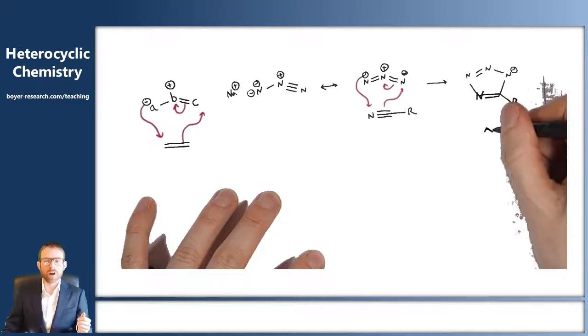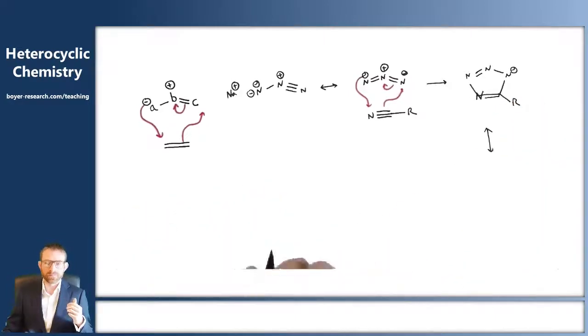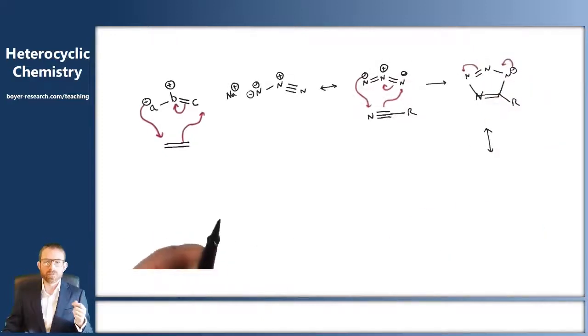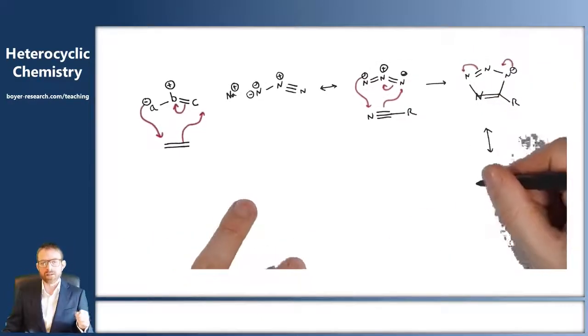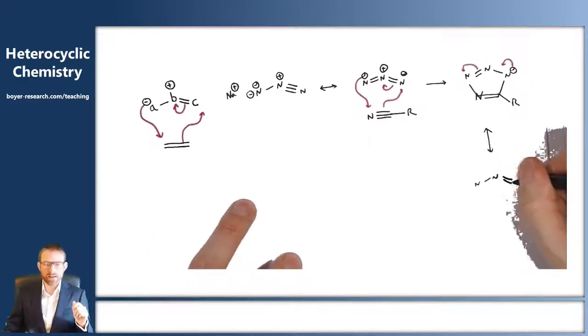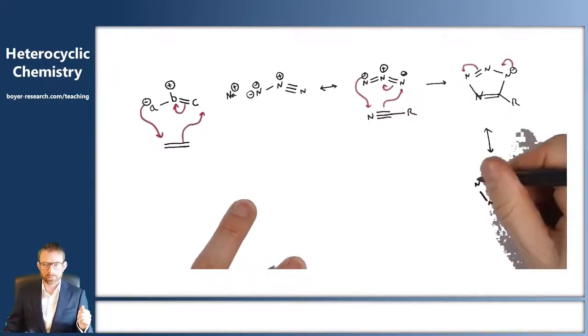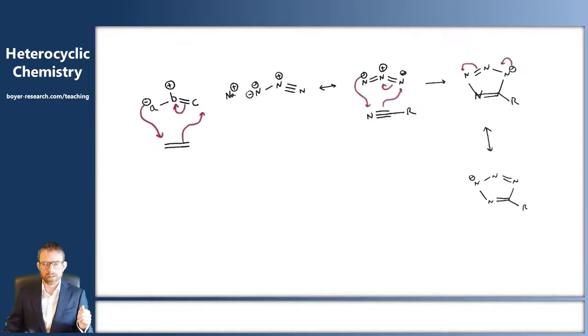Now the negative charge, because we used sodium azide, we can draw arrows that resonate that around the ring. So it doesn't have to be isolated on any one nitrogen. So we can draw it moving across.